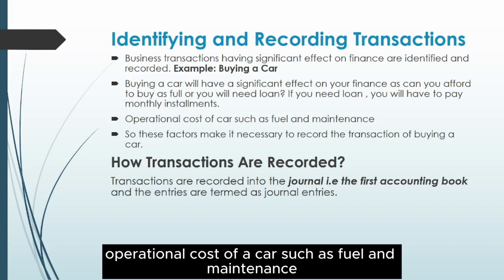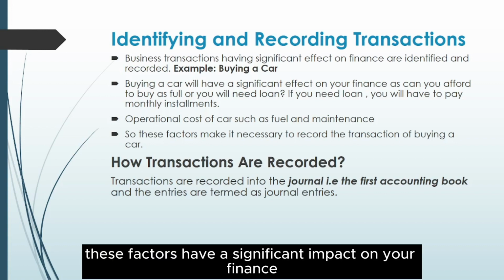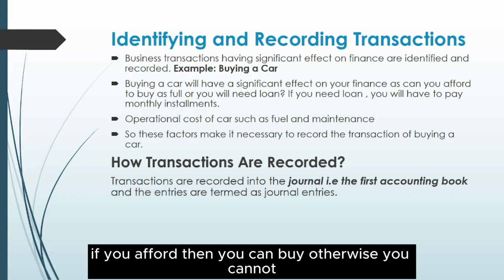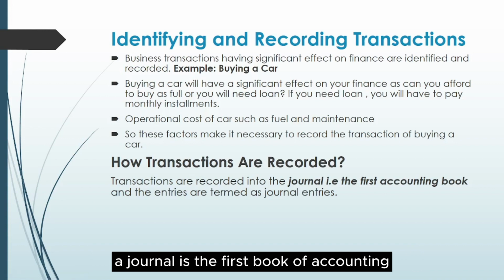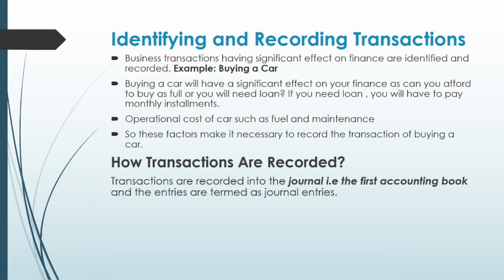Operational cost of a car such as fuel and maintenance. These factors have a significant impact on your finance. If you afford, then you can buy, otherwise, you cannot. How are transactions recorded? Transactions are recorded in a journal. A journal is the first book of accounting.